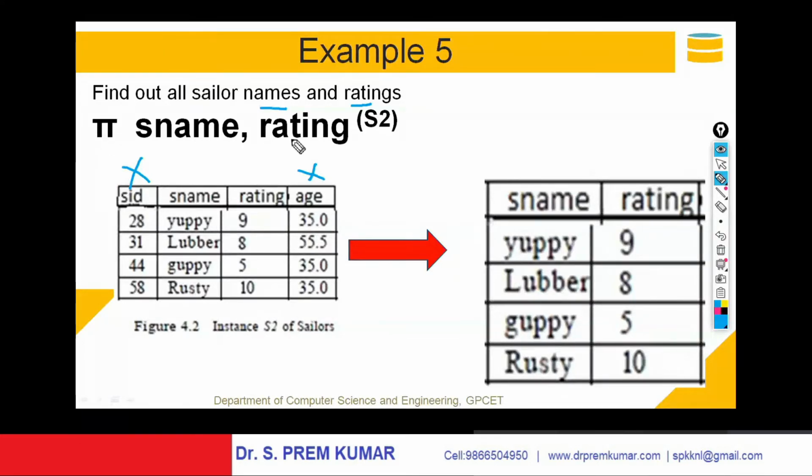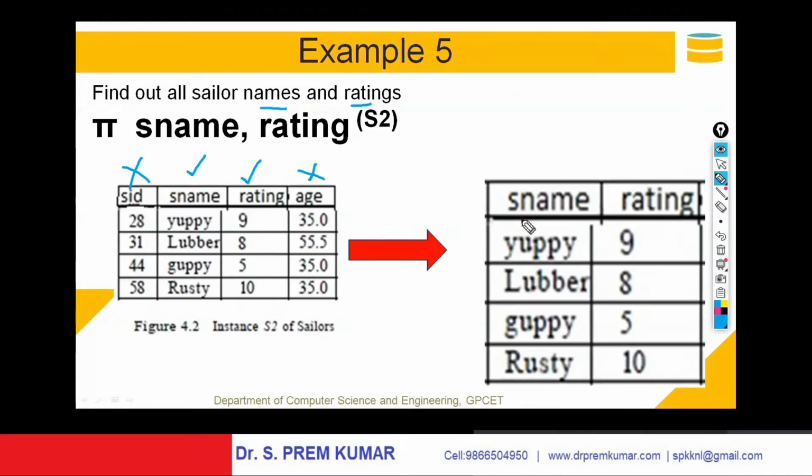Select sailor name, comma, rating from S2. This is a project operation. The pi is nothing but the project operation. I'm asking to project sailor name and rating from S2. So only the names and ratings are extracted and projected. You observe here only names and ratings: UP, Lubber, Guppy, Rusty, and ratings 9, 8, 5 and 10.